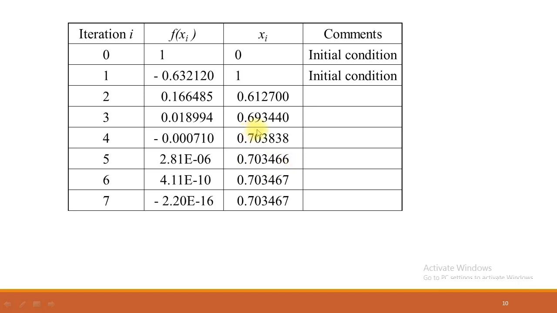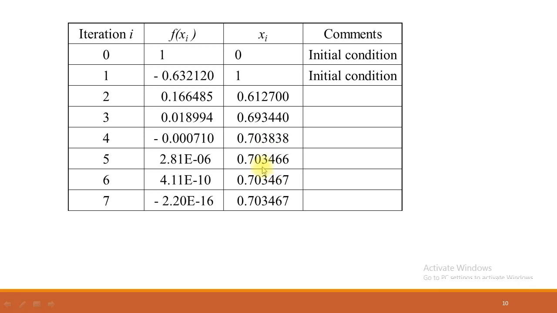So dear students, note that in these two roots there are 3 digits repeated after the decimal. So this is x0, x1, x2, x3, x4 and x5. The fifth root is correct to 3 decimal places.